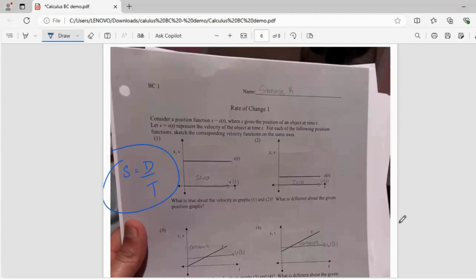So now if you look at the first one, this is the position graph. You can look at the y-axis as your displacement and the x-axis as your time.